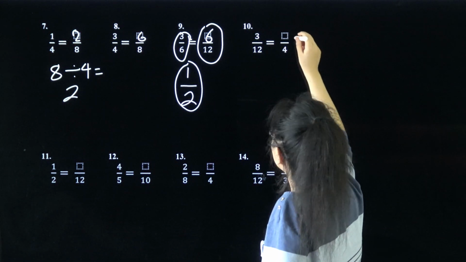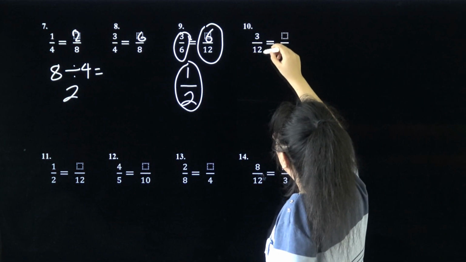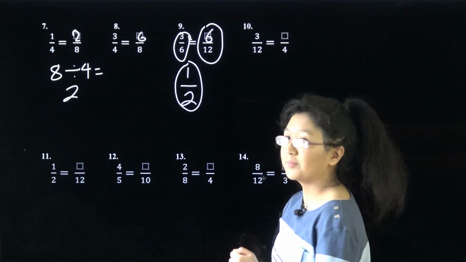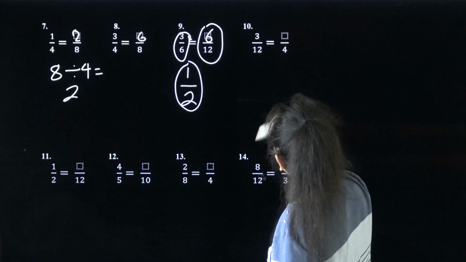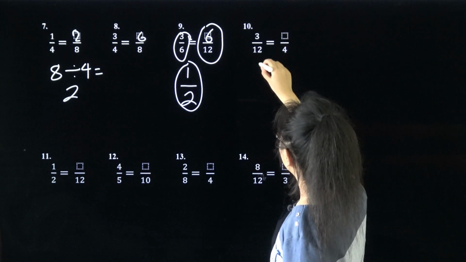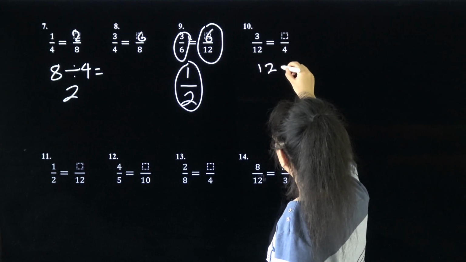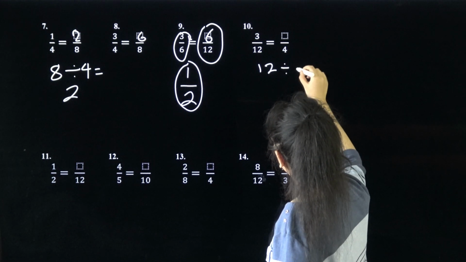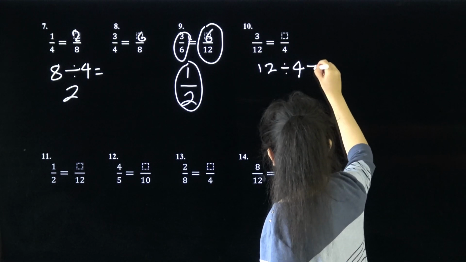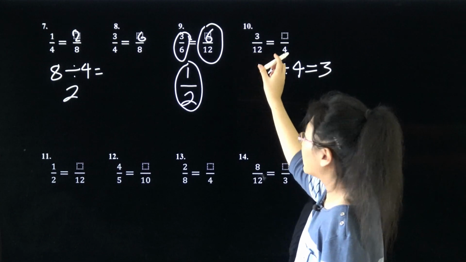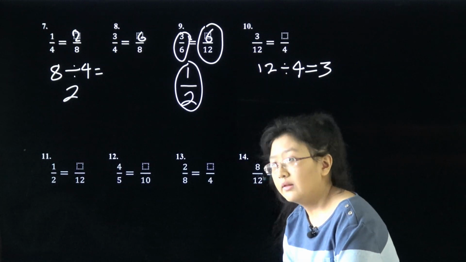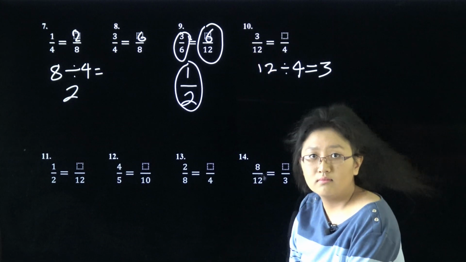Anyhow, question number 10. We have 12 and 4. Oh, this is simplification. So 12 divided by 4 equals to 3. So if this one is division, then do we divide the top one?